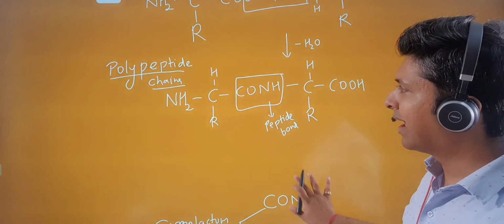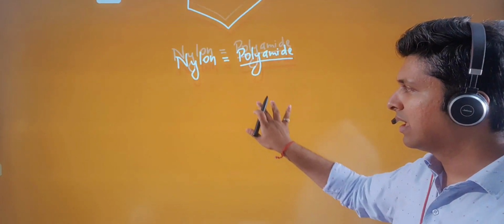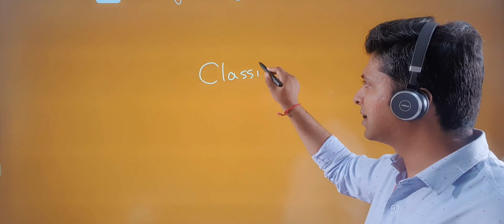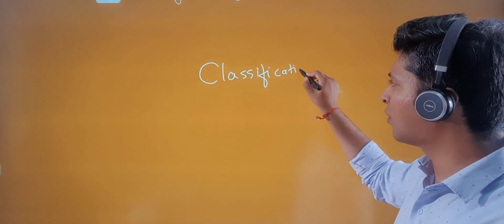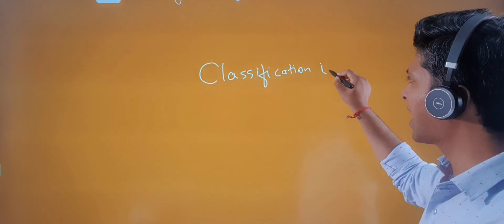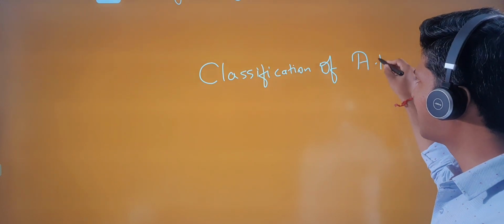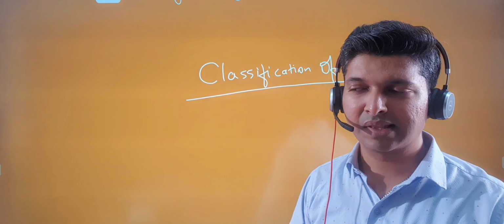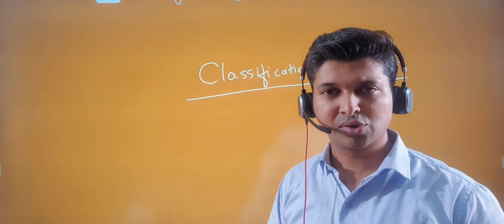Okay, so now let us quickly see, because proteins have a long chain of amino acids, we are going to see the classification of amino acids. But before we dive deep into the classification of amino acids, let us first see the different functions of protein.